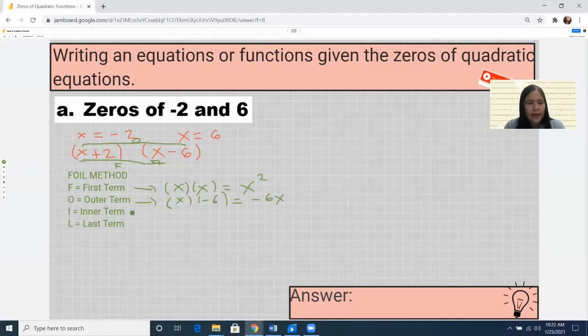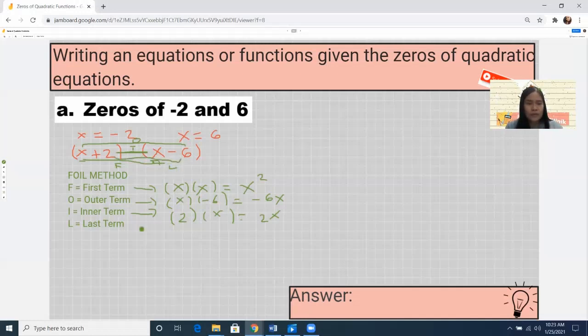Then we look for the inner term, the two inside numbers, 2 and x. 2 times x is 2x. And then the last term, the two constants, 2 and negative 6.